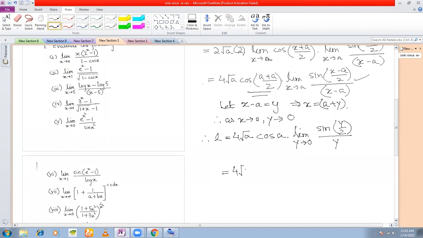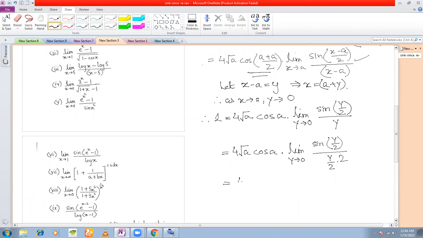So this is 4 root a cos a into limit y tends to 0. Now because we have y tends to 0, we can bring this to the sin x by x form. I have sin y by 2 in the numerator, and in the denominator I only have a y. So what I'll do is I divide the denominator by 2 and multiply this with 2.